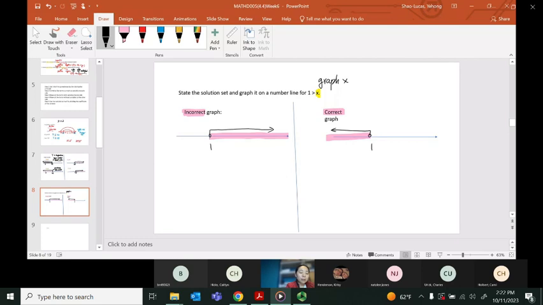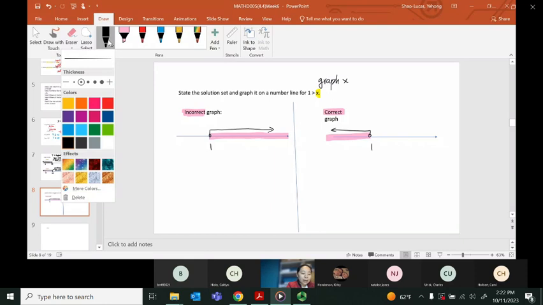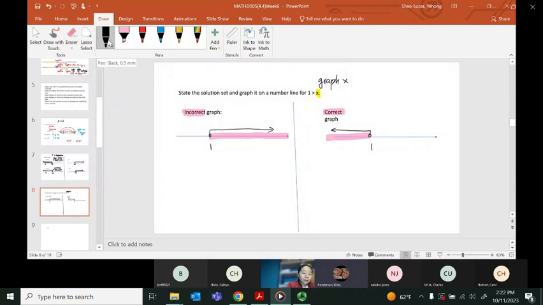So let me ask you. In the incorrect graph, the numbers I highlighted are compared to 1. Are they bigger than 1 or less than 1? Less than 1? The incorrect one? These numbers? Oh, that's greater than 1. Greater than 1, right? On the right side, it's always greater than 1.